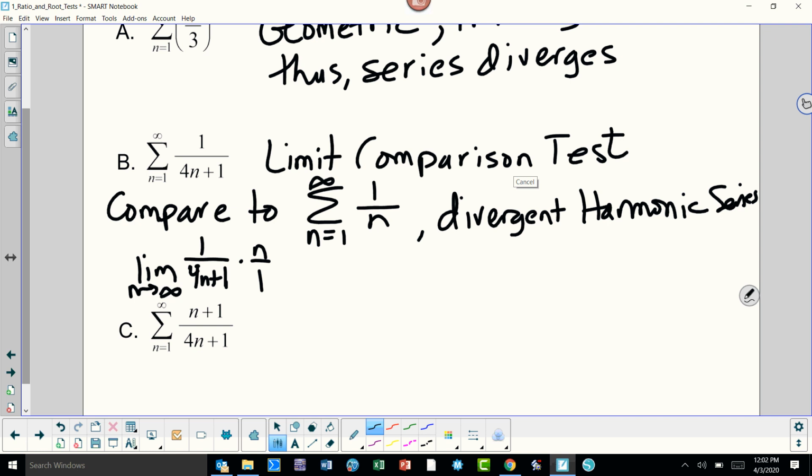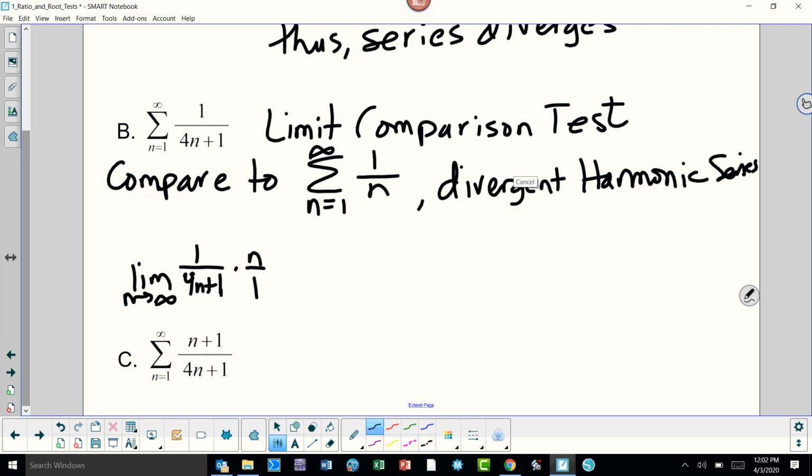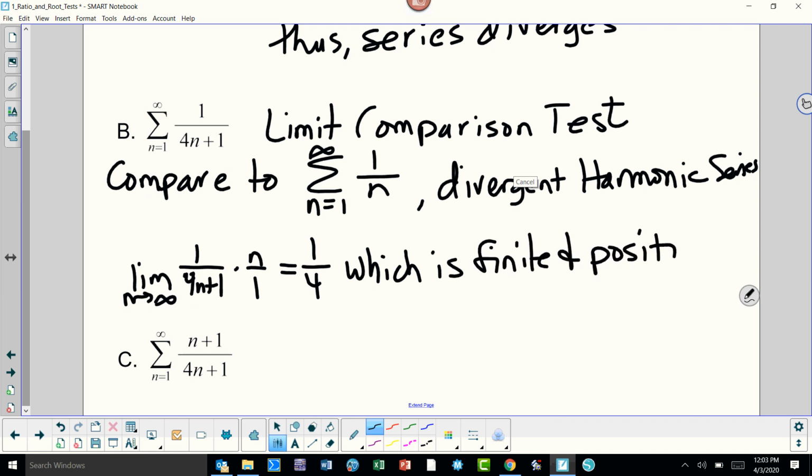But remember, divided by means you flip it, invert and multiply, and so this is going to be this limit. And this limit is going to be 1/4, which is finite and positive. And that's what we needed for them to do the same thing.